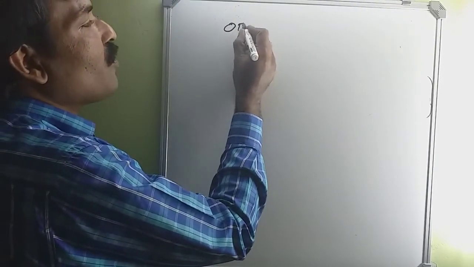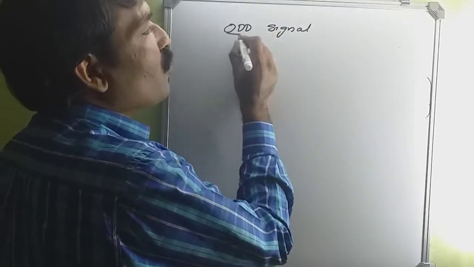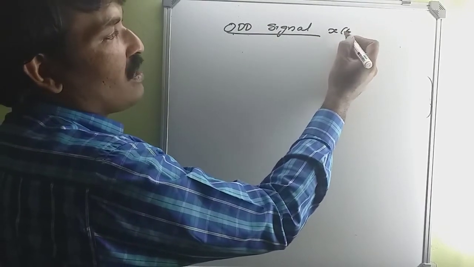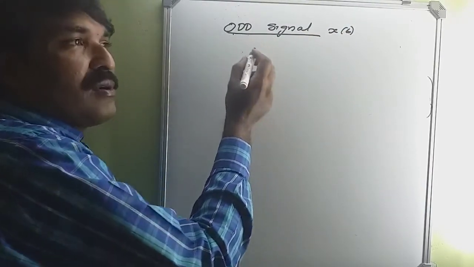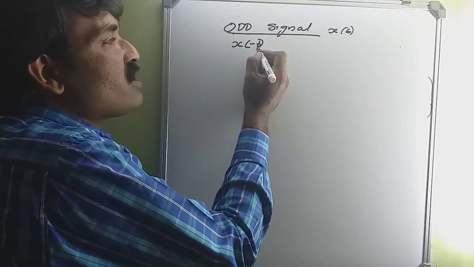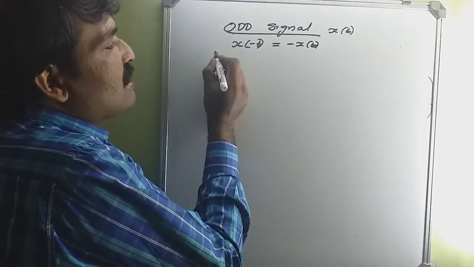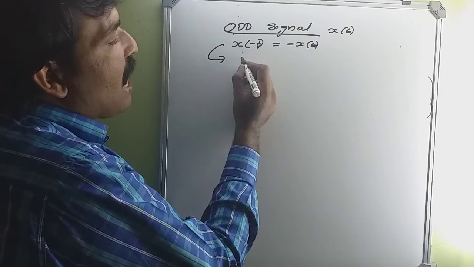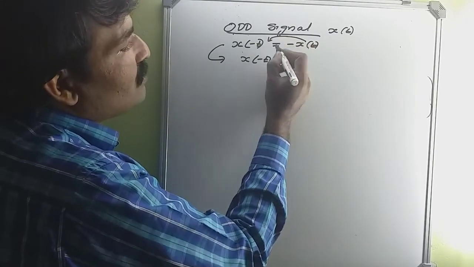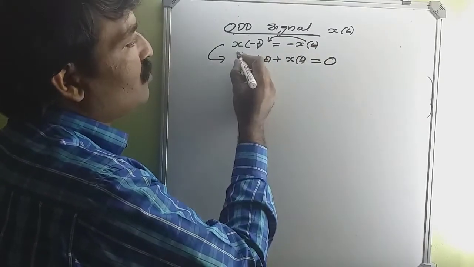Consider an odd signal. For an odd signal x of t, what is the property? For an odd signal, x of minus t is equal to minus of x of t. This implies x of minus t plus x of t is equal to 0.